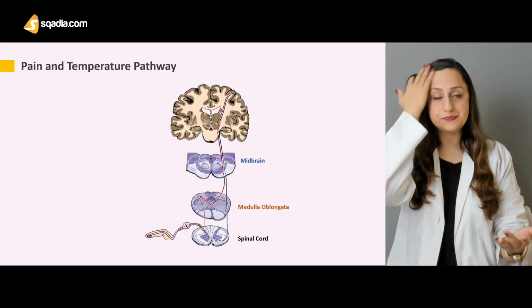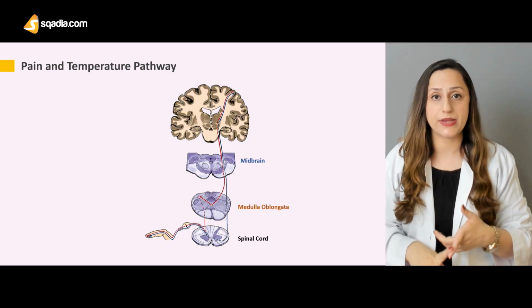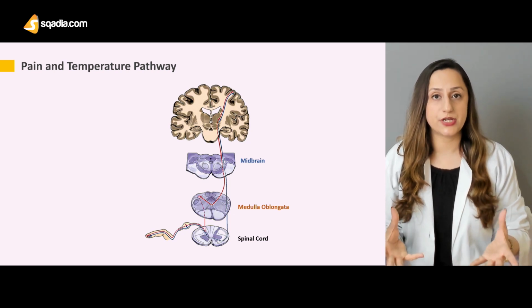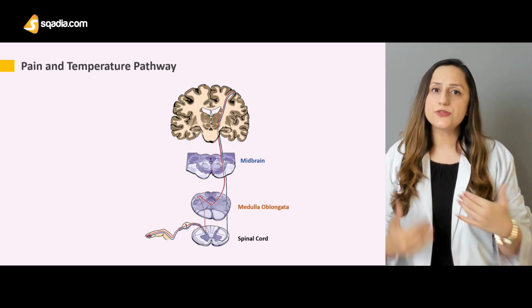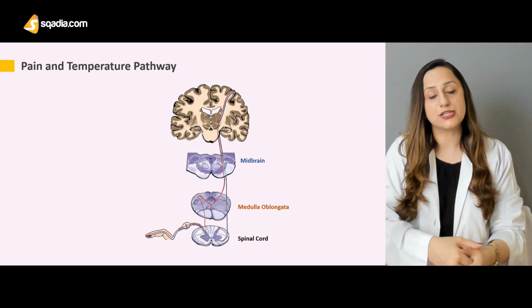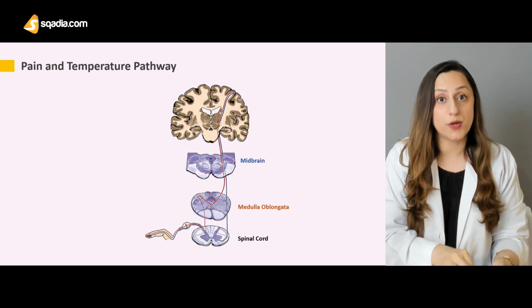For instance, when you touch a sharp object, for instance, a needle pricks a particular surface area on your hand or even on your limbs, what is the immediate response? You basically withdraw your hand from that sharp object.